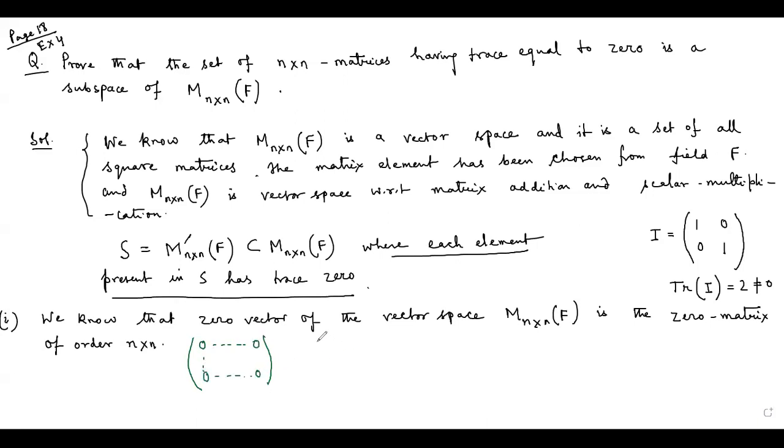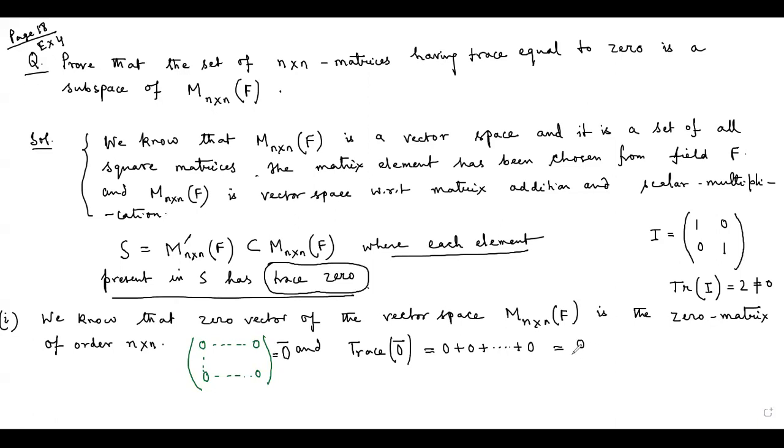Okay, and if I denote this zero matrix by 0 bar, then obviously the trace of 0 bar will be the sum of the diagonal elements, which is equal to 0. Since the zero matrix is satisfying the property, the trace is 0. This is the property that needs to be satisfied.